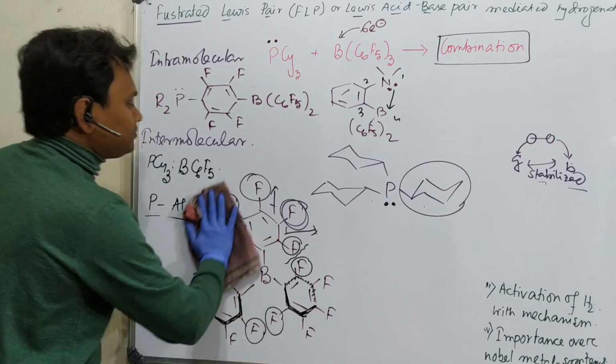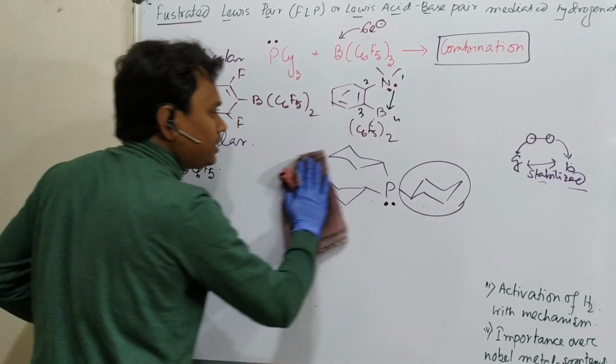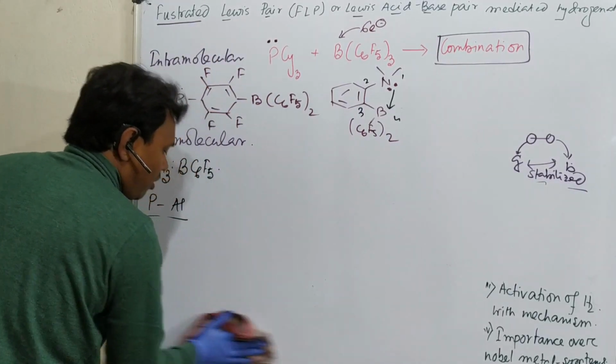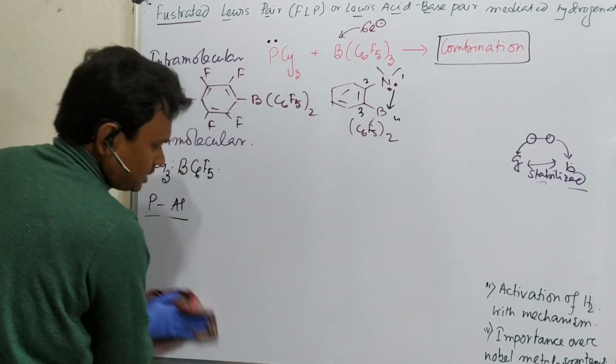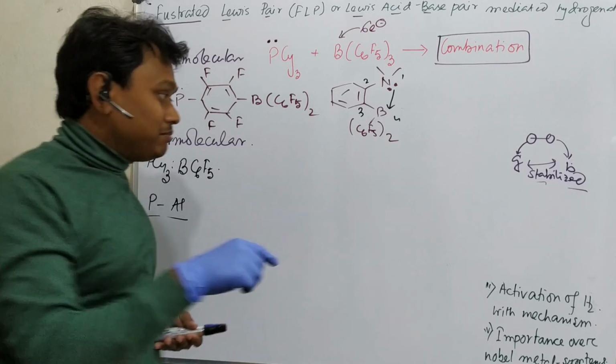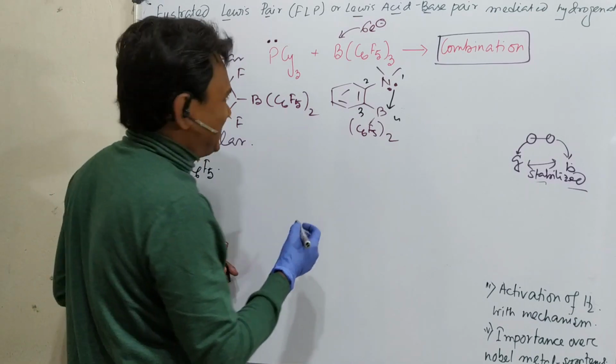And as I told, the third person, it will be very good if the third person, or better to say persons, 2 persons, remain connected. So this thing we will describe based on this hydrogen activation story. It's funny, I am also enjoying.